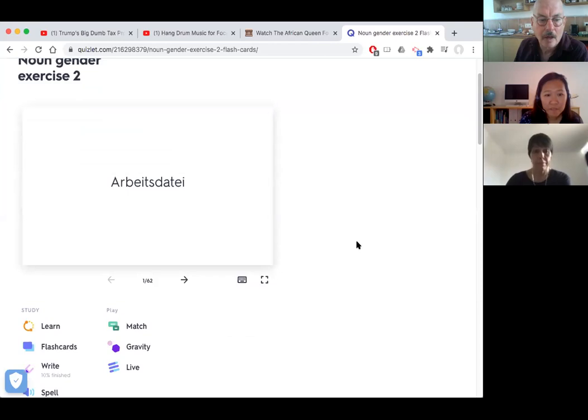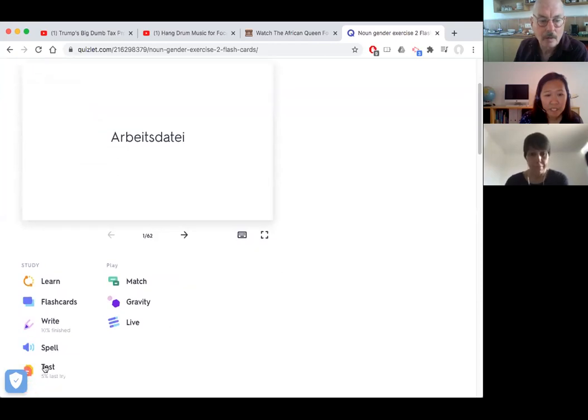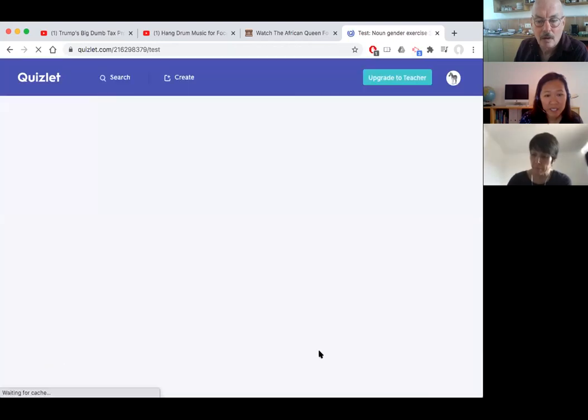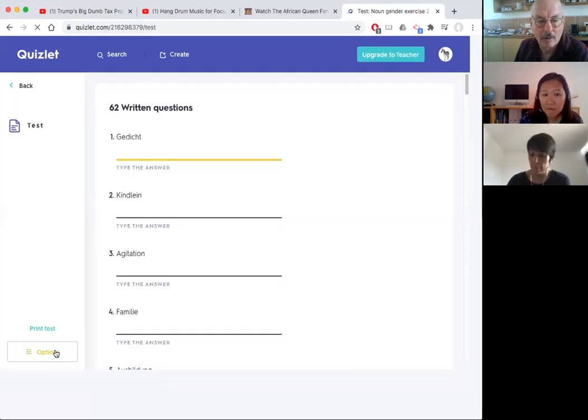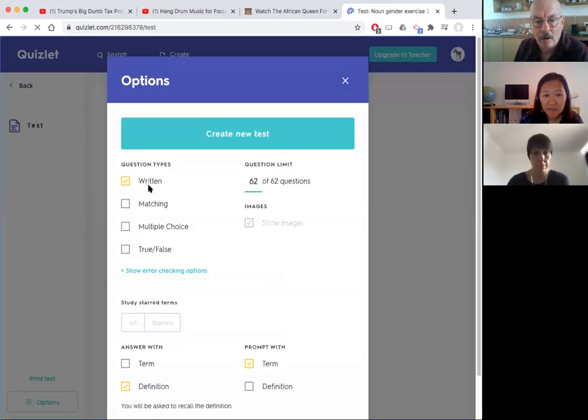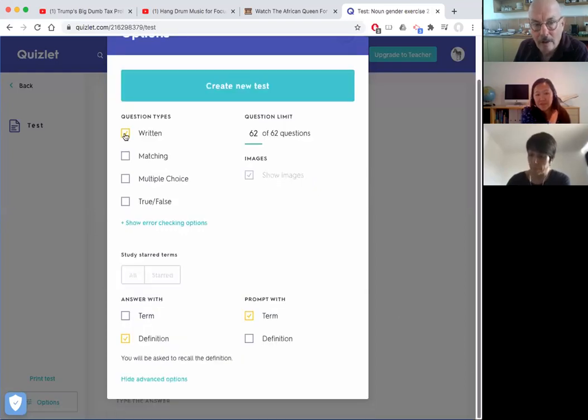If you do the test, you click on test, and you always have to go to the options because it never does it properly. You have to make sure that only written is on.